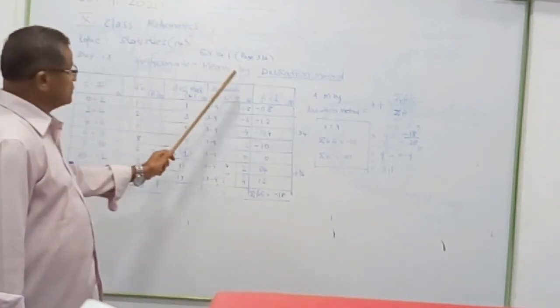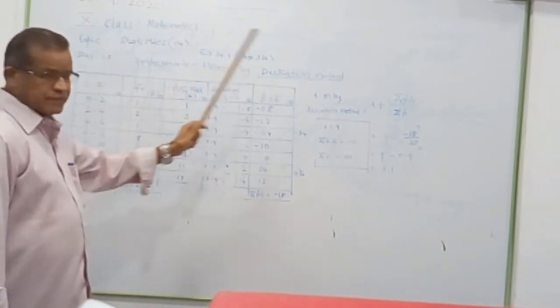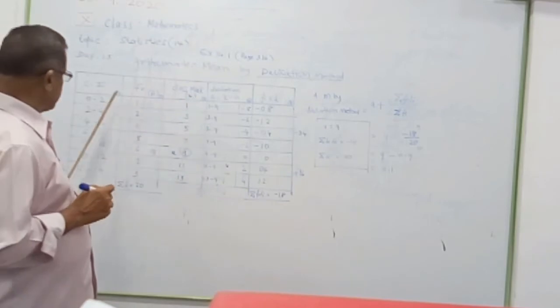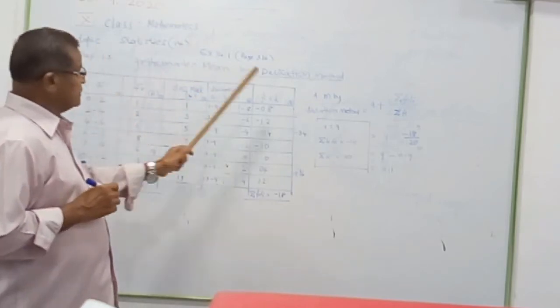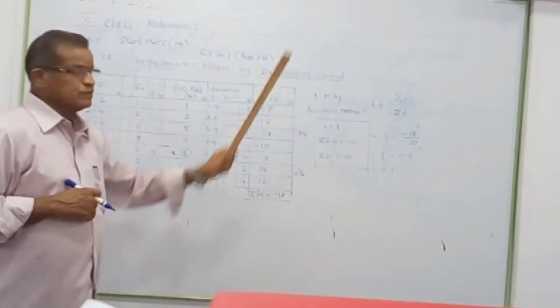They will ask in the question, find arithmetic mean by deviation method, by direct method, by step deviation method. Now I explain. First one direct method, second one deviation method. Third method, step deviation method. There are 6 columns.